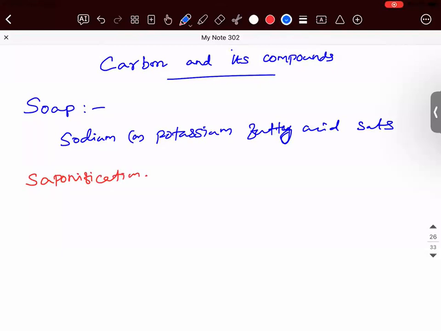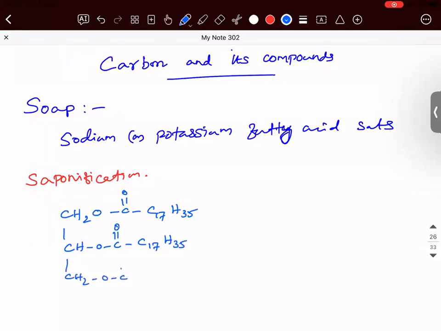So what does saponification mean? When you have the glyceride and sodium hydroxide, here we can use sodium hydroxide or potassium hydroxide.